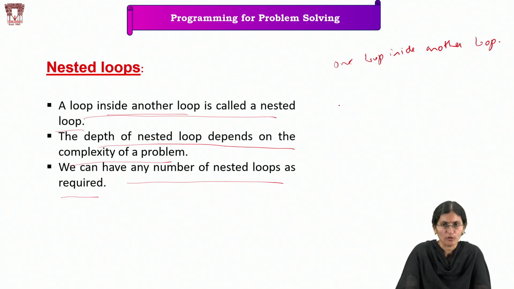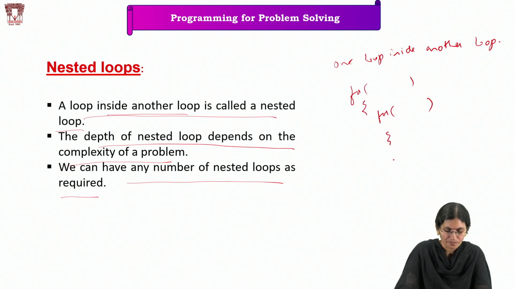We can have a for loop inside a while loop, or we can have a for loop inside another for loop. This is also a nested loop. We can have a while loop inside another while loop. This is also a nested loop.